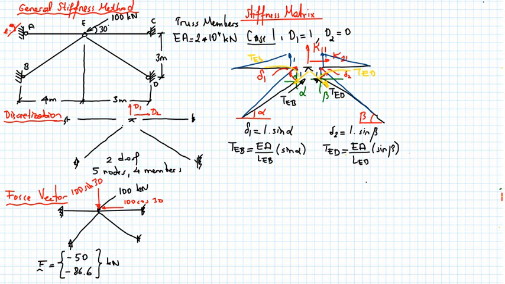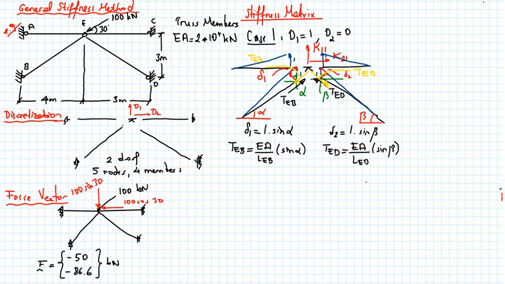Now we need to take a look at this node. And from this node, I should determine the values of K11 and K21. So in order to calculate K11, I need the vertical component of TEB. And the vertical component of TEB is equal to TEB times sine alpha. And the vertical component of TED is equal to TED times sine beta.